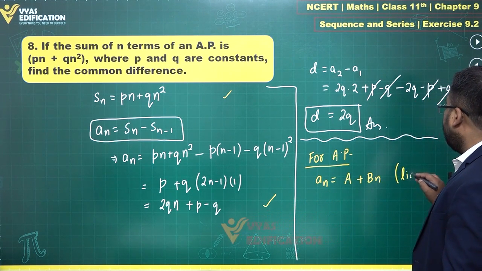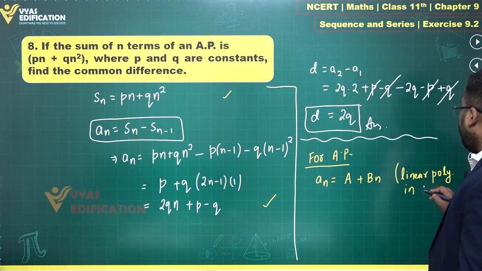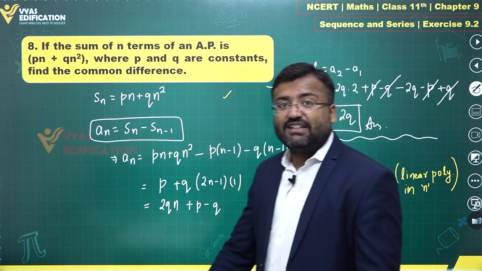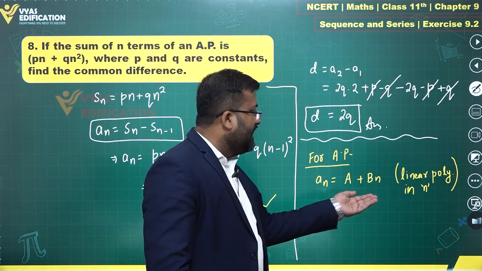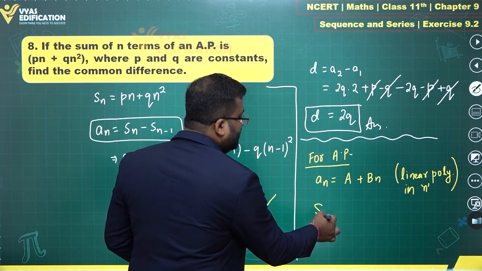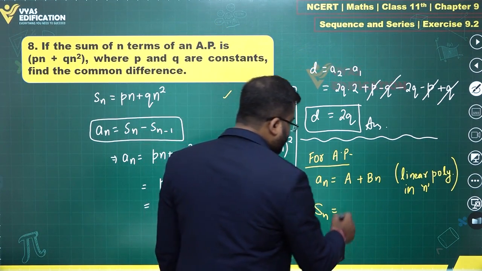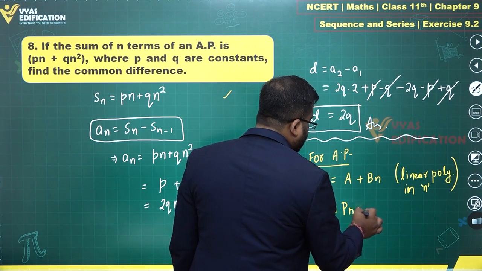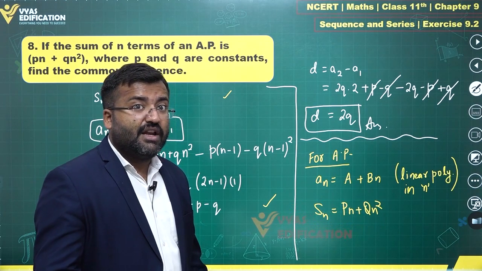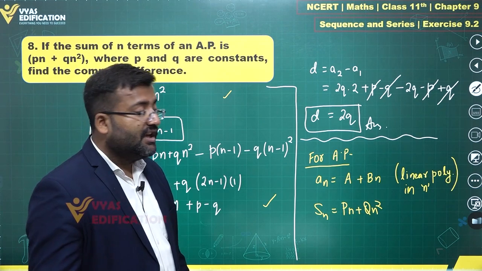This is a linear polynomial in n. The general term, that is the nth term of an AP, will always be a linear polynomial in n. And sum of n terms will always be of the form Pn plus Qn square. This is a quadratic polynomial in n, but do you observe that there is no constant term in this, right?